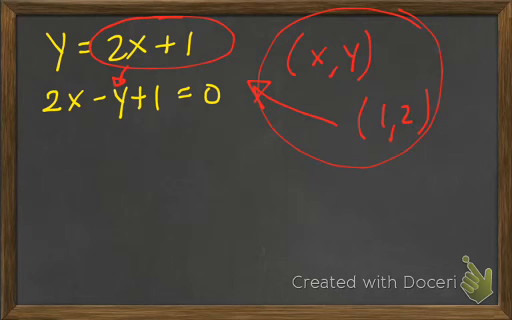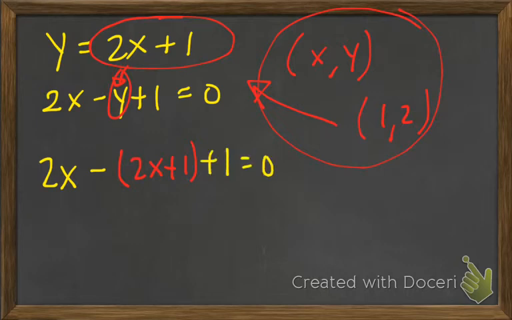So I'm using substitution. Say you're working along, and then something happens like this. I'm going to substitute 2x plus 1 in for the y, and notice that minus 1 plus 1 is the same as 0.